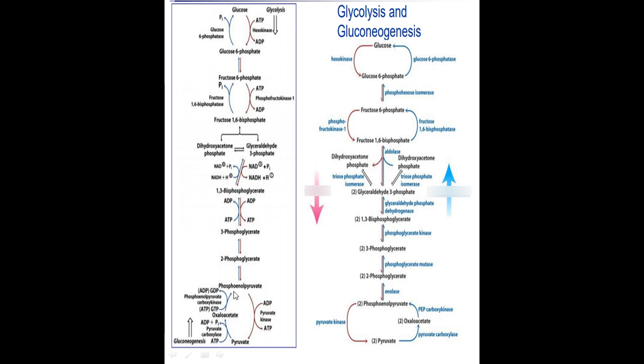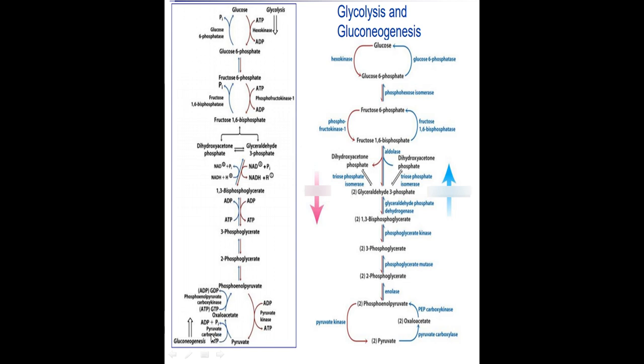This reaction is reversed in gluconeogenesis by a two-step reaction. The enzyme which converts phosphoenolpyruvate to pyruvate in glycolysis is opposed by two enzymes in gluconeogenesis. In the conversion of pyruvate to phosphoenolpyruvate, two enzymes come into play to catalyze a two-step reaction. The first enzyme is pyruvate carboxylase.